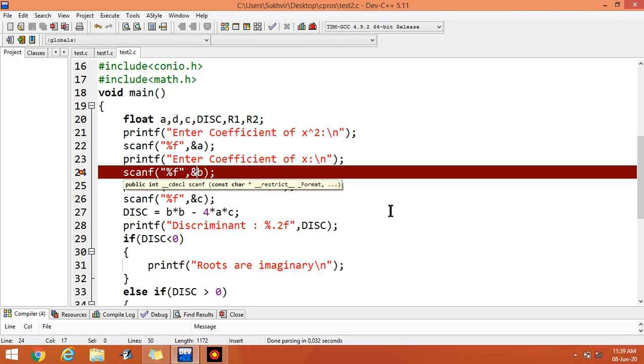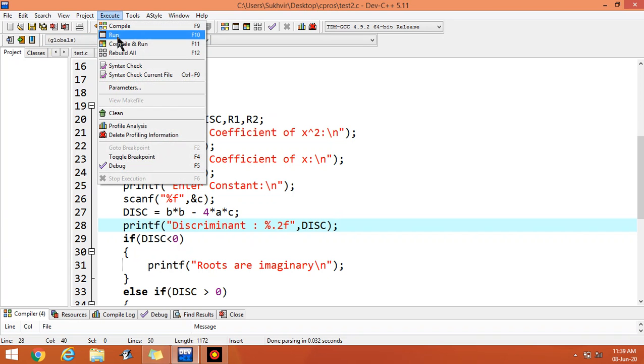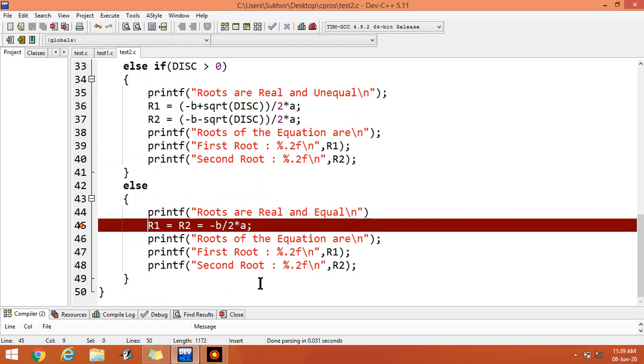Percentage f scanf. What is the problem here? Percent b percentage f scanf printf, enter the coefficient of x. Okay, b is required here. Now it's okay. Execute the program. R1 is equal to R2, minus b divided by 2a.